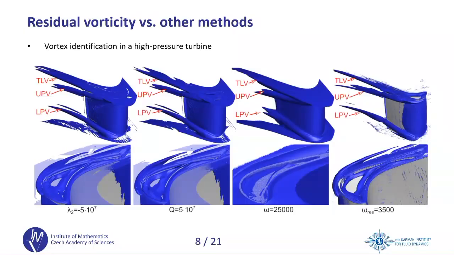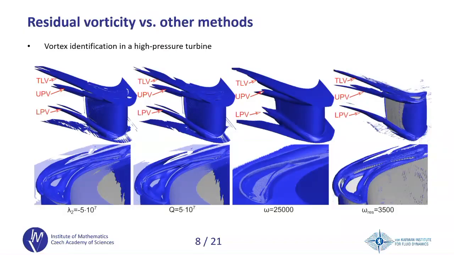All these methods captured some major vortices there, which is this lower passage vortex and the upper passage vortex. You can see them in all 4 pictures, as well as our tip leakage vortex, which we are most interested in. But you can see the advantage of residual vorticity, that it really doesn't give these false positives in shear layers.